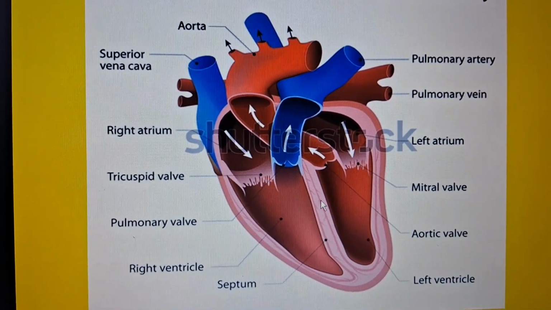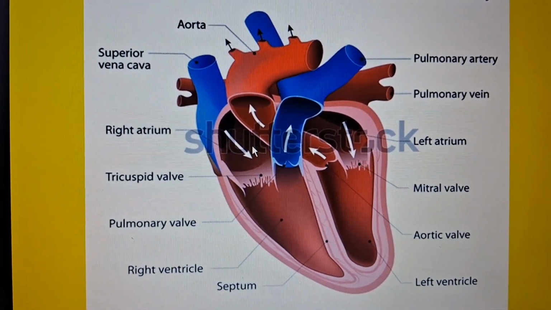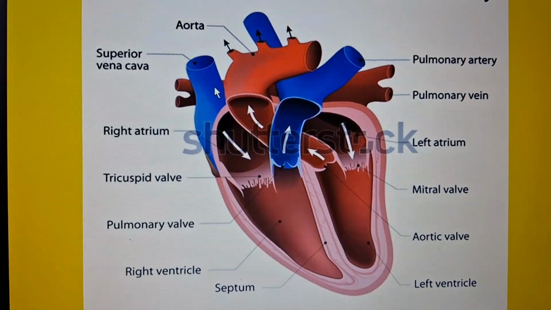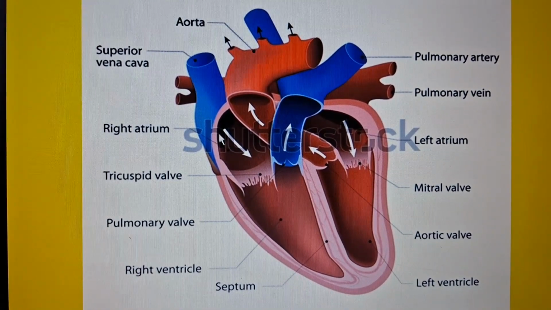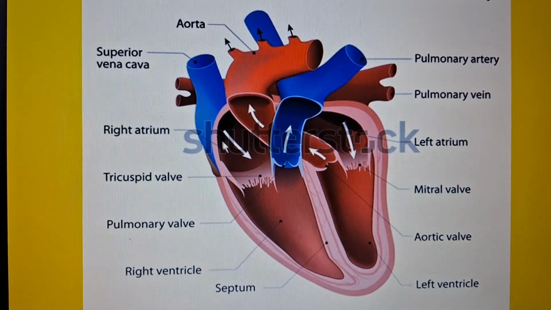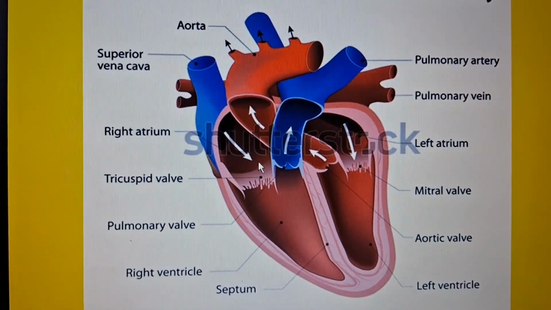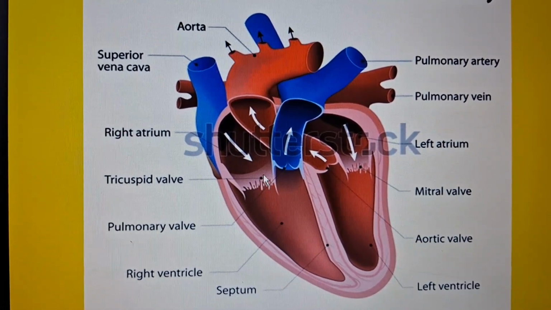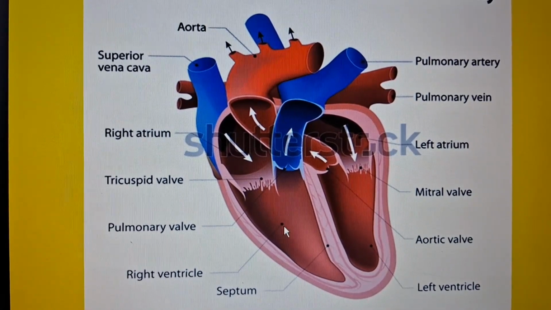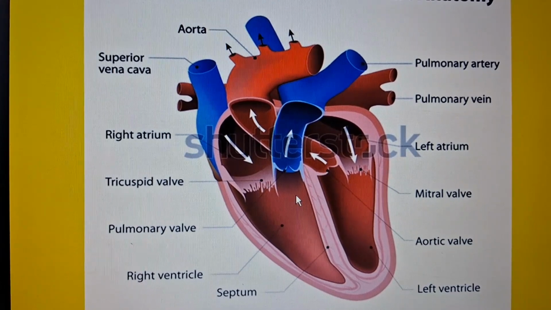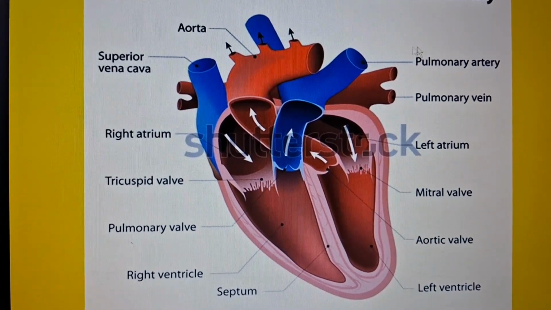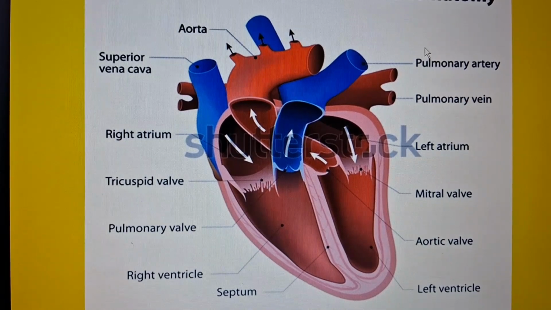Now you can see here on the right side, there is the superior vena cava. It is this vena cava that brings blood which is deoxygenated from different parts of the body. And this blood during contraction moves through the tricuspid valve into the right ventricle. Now from the right ventricle, the deoxygenated blood is carried through the pulmonary artery to the lungs for oxygenation.